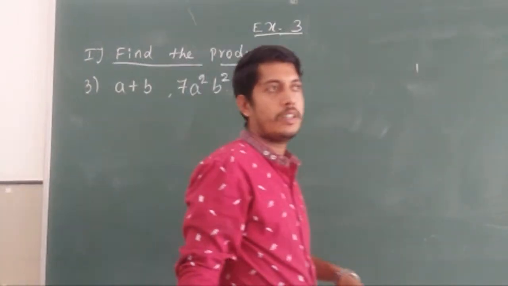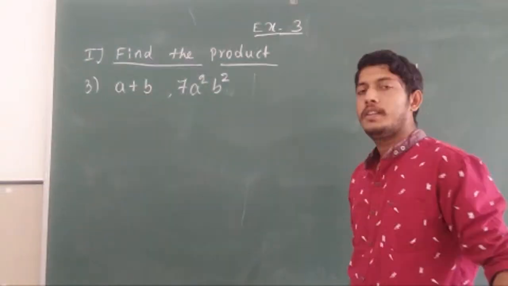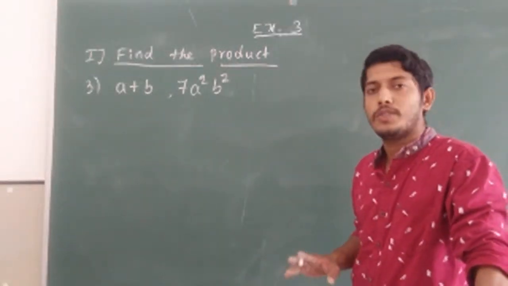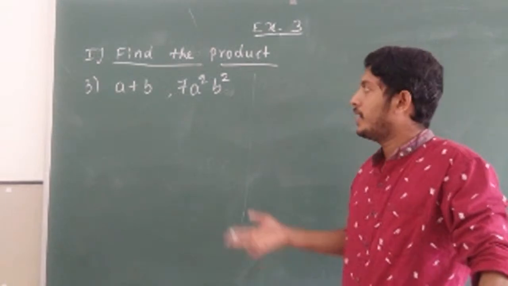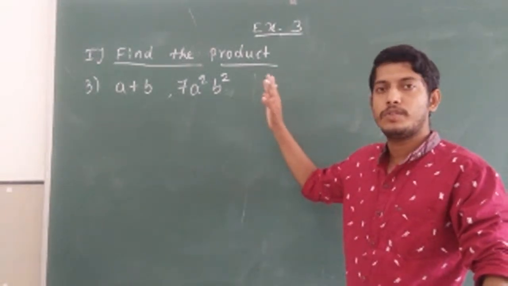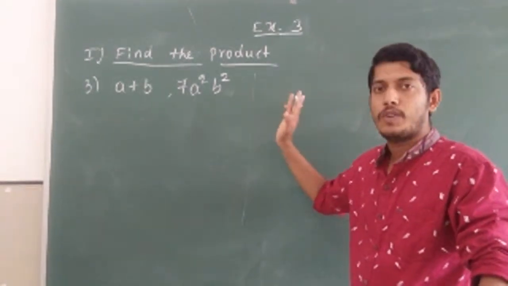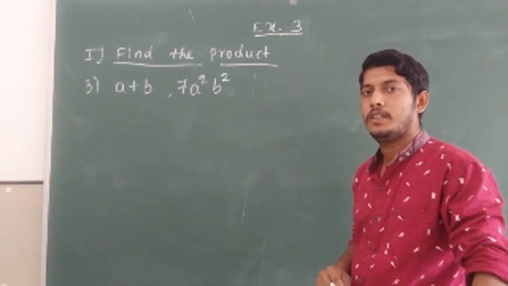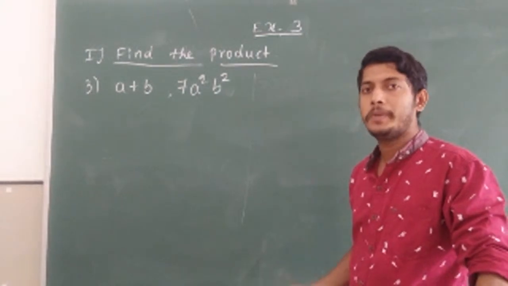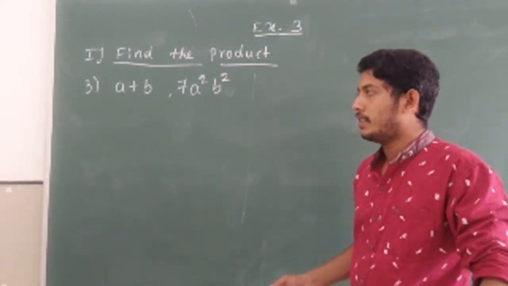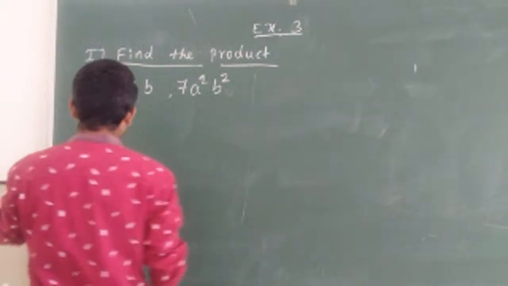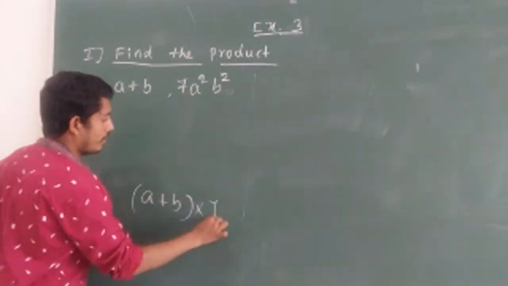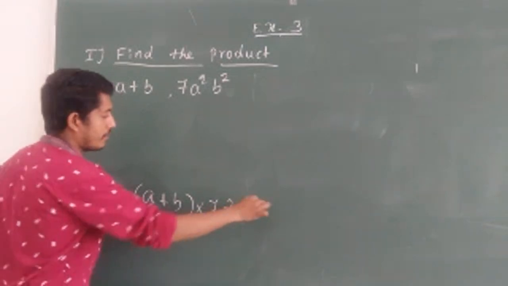So here two terms are present in the first expression, one is a and one is b, that is a plus b. And the second expression has a single term, that is 7a square b square. Now we have to find the product. To find the product, we have two methods. One is directly: we consider a plus b into 7a square b square.